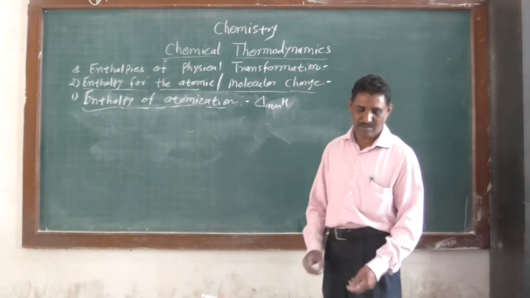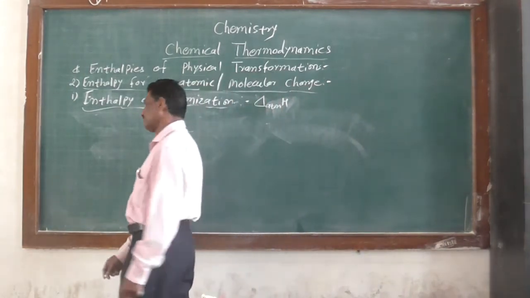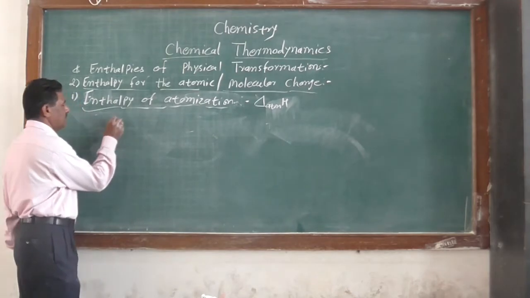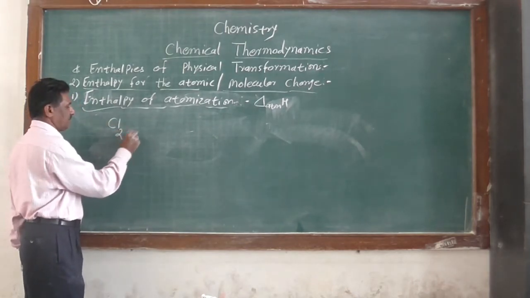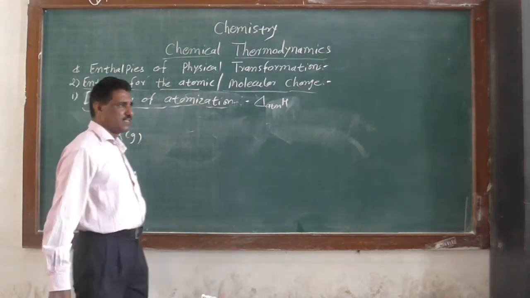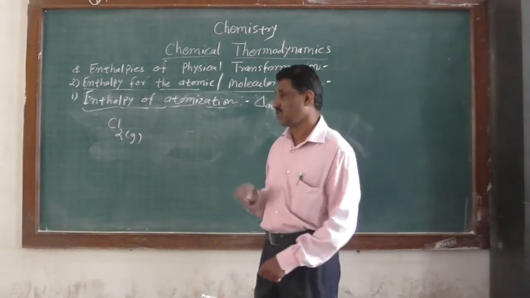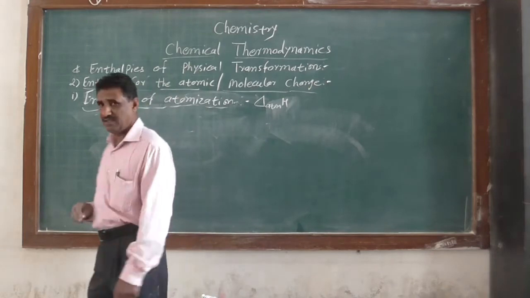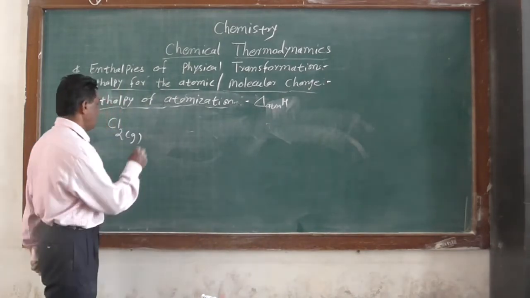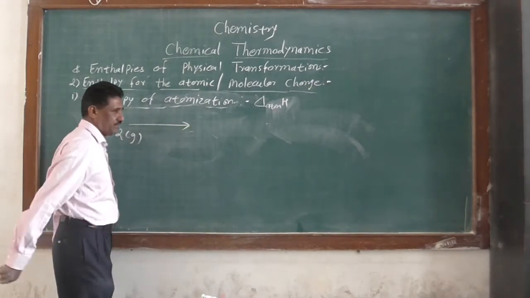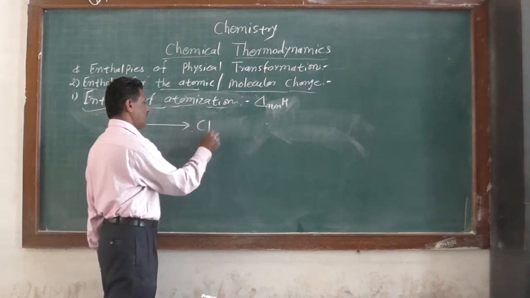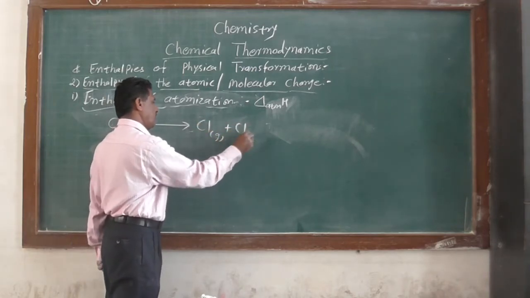Here we see one example. Cl2 gas. This is the molecule of chlorine, and the amount of energy is required to dissociate this chlorine, and here we get chlorine plus chlorine.